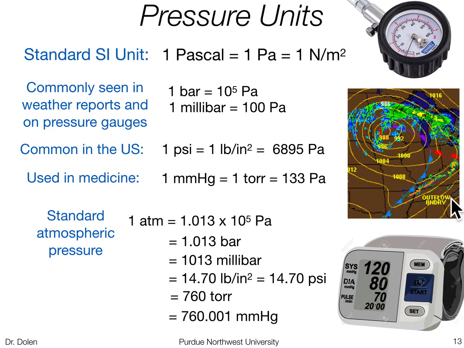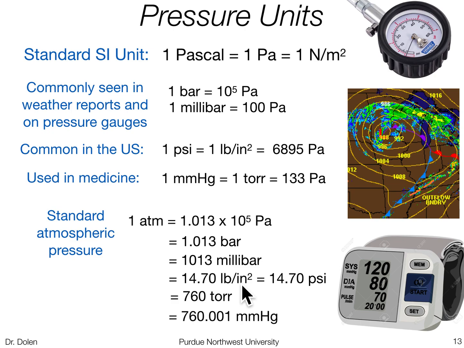So if I look at this weather chart, this is measured in millibar, and I can see most of the pressure is varying somewhere around 1 standard atmospheric pressure. 1 atmosphere is 14 pounds per square inch. So you can think about that: 1 atmosphere means there's 14 pounds per every square inch of a surface.